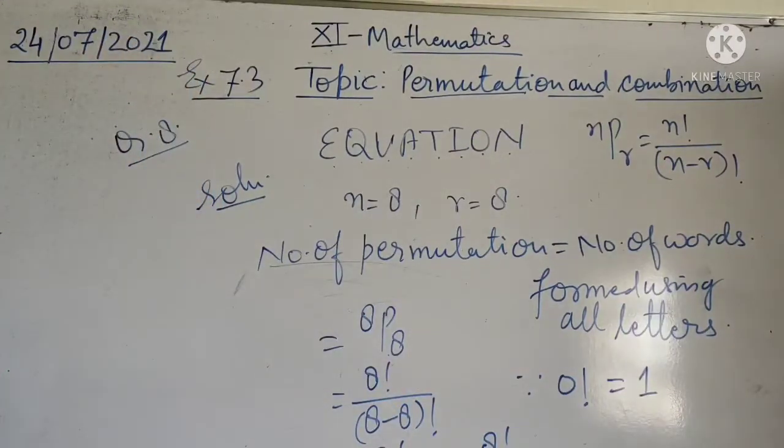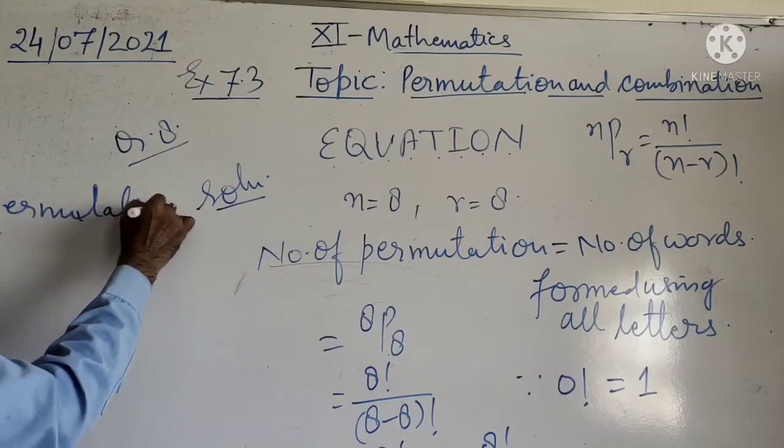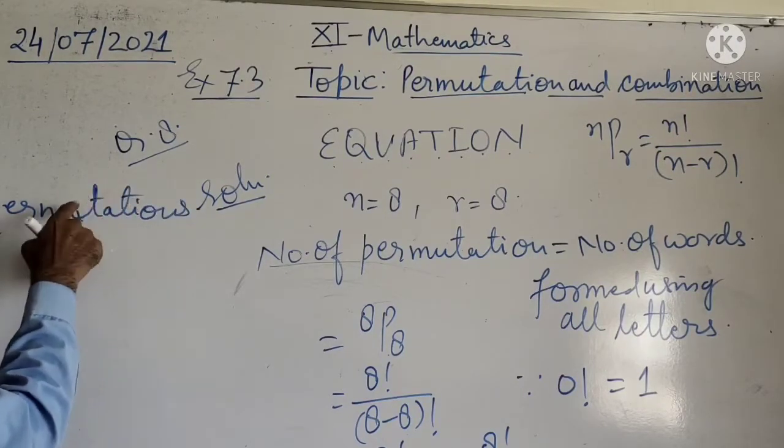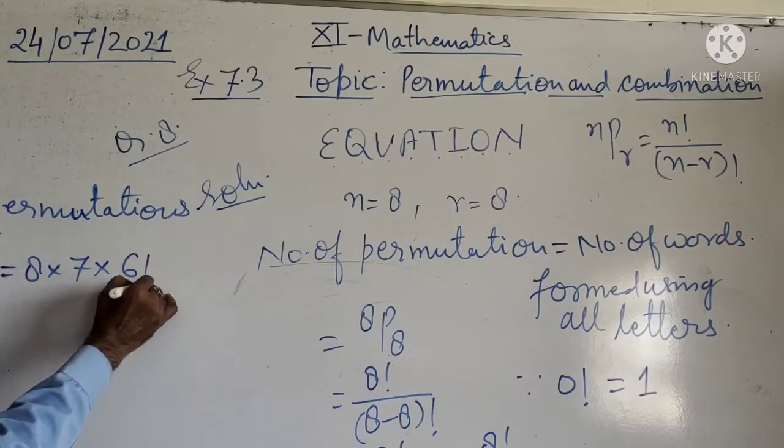If we expand, then the number of permutations is 8 into 7 into 6 factorial.